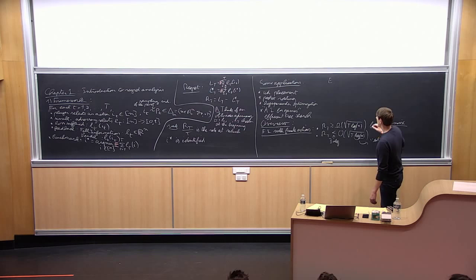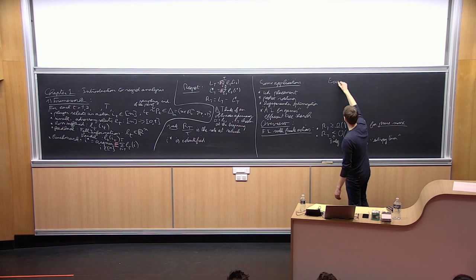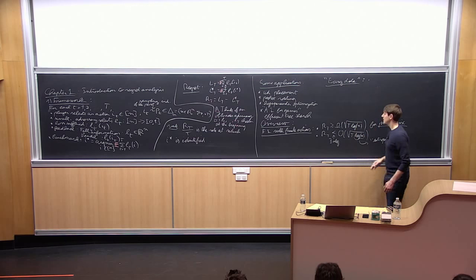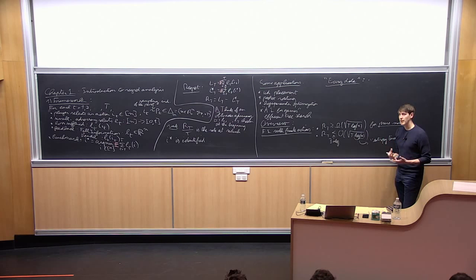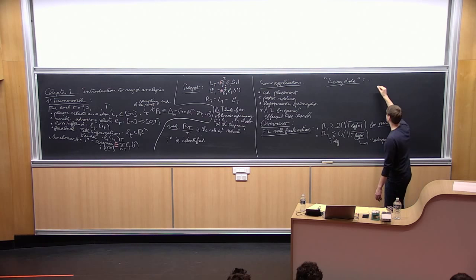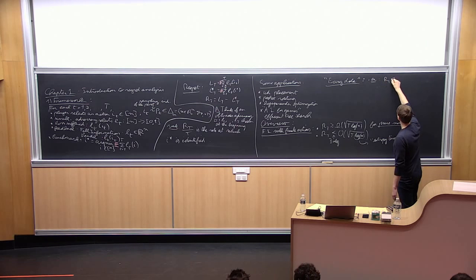Okay, good. So another topic that we will touch on is easy data. By this I mean, can you characterize how difficult your sequence of losses is? Is there more signal in the sequence of losses than there would be in pure noise? I will just give you an example. It's going to be a bound where the regret looks like this: square root of L star t times log n.